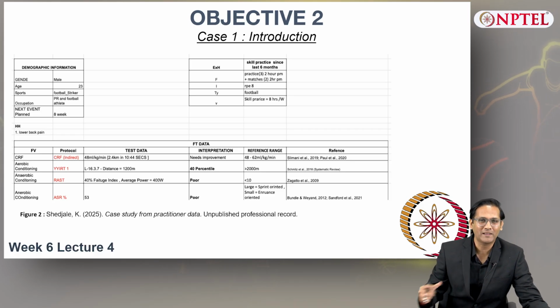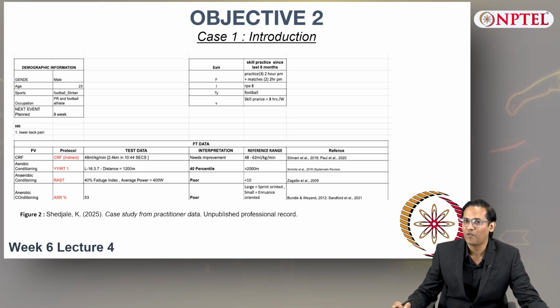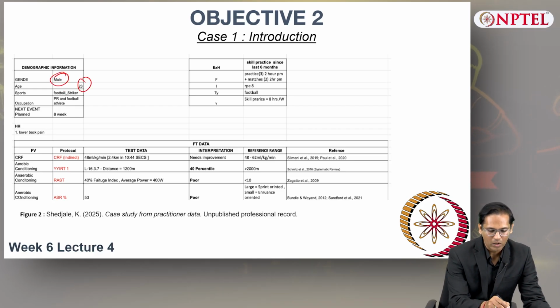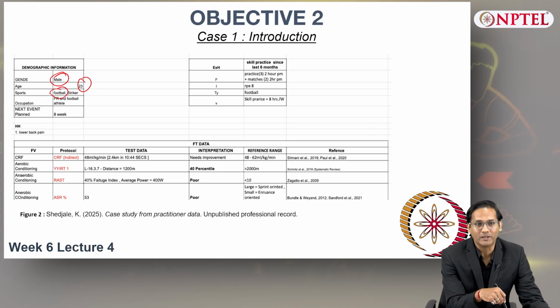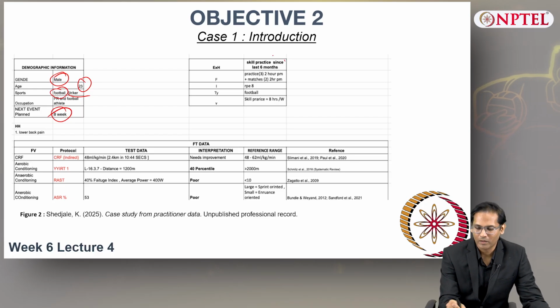Now let's apply this framework of HIIT for football case. Now this is a male 23-year-old football striker. What is the current exercise history?